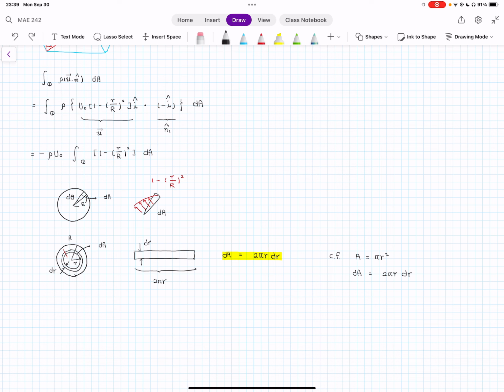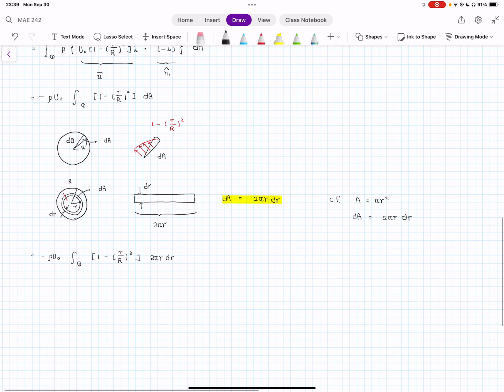So then let me evaluate this integral. This is going to be minus rho u naught on the surface, 1 minus lowercase r over uppercase R, all squared, and instead of dA, let me use 2 pi r dr. Then all you need to do is integrate this integral, rho u naught.